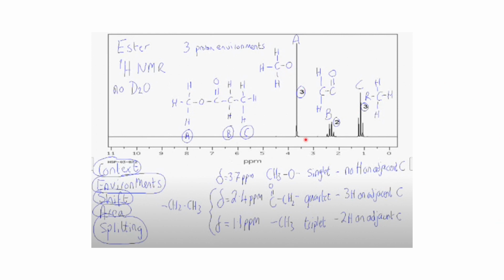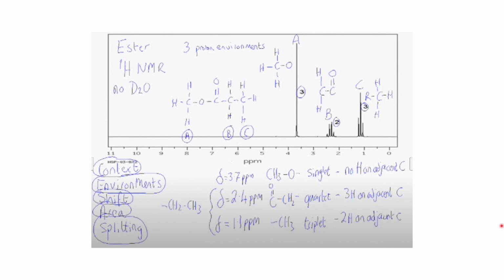Peak B is a quartet, which tells us there are 3 hydrogens on the carbon adjacent to this. So it's looking very much like the methyl group here is connected to the CH2 here, and it's confirmed because environment C is a triplet, which tells us that there are 2 hydrogens on the adjacent carbon.